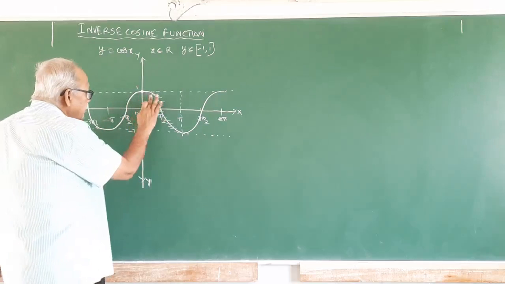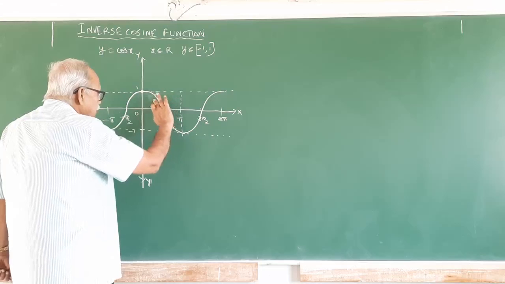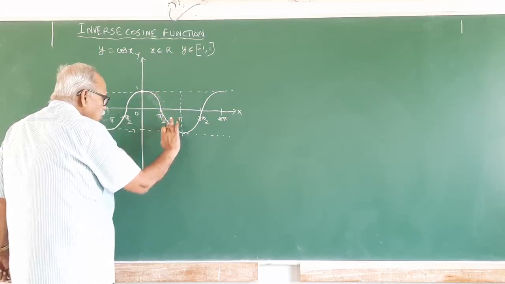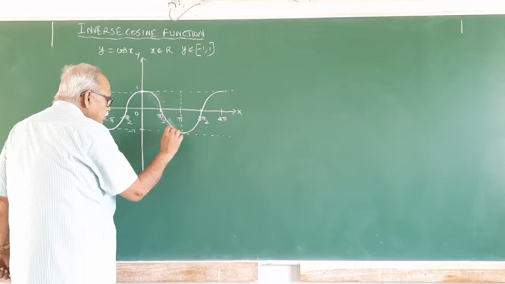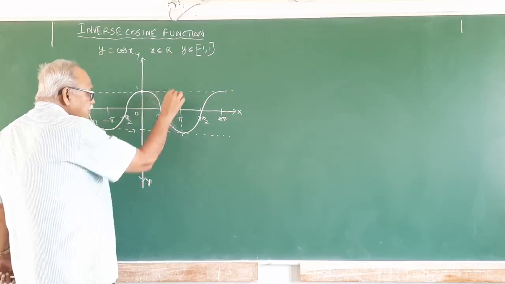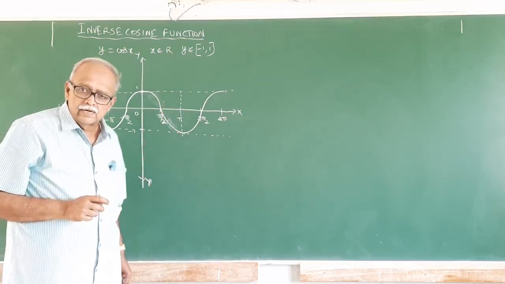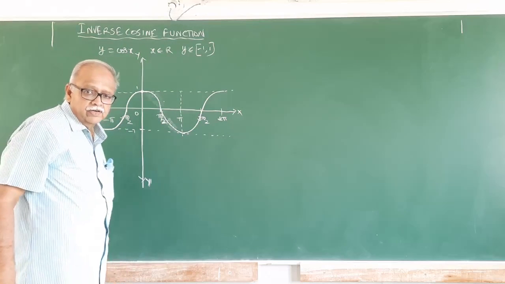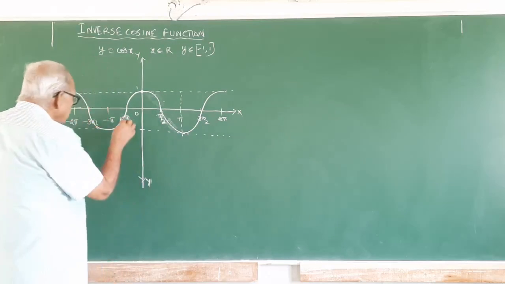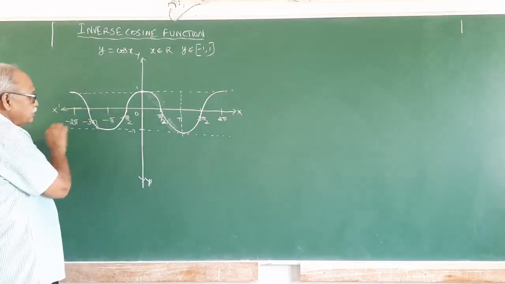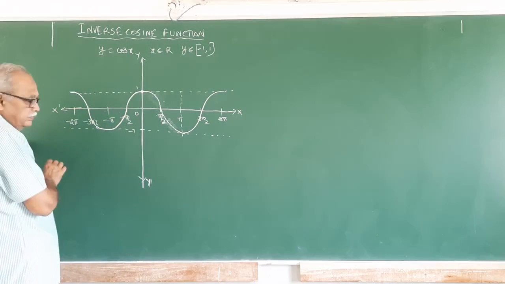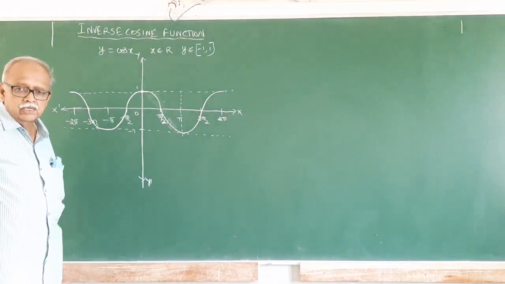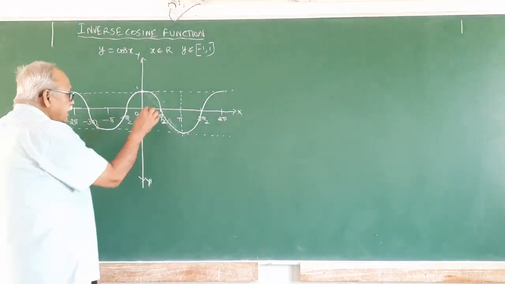In the interval 0 to pi, the cos function behaves as a 1 to 1 and onto, or bijective, function. Like this, in other intervals also, pi to 2 pi, minus pi to 0, and minus 2 pi to minus pi, the cosine function will remain bijective.